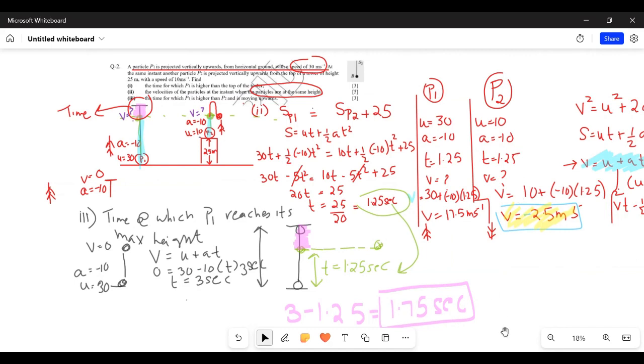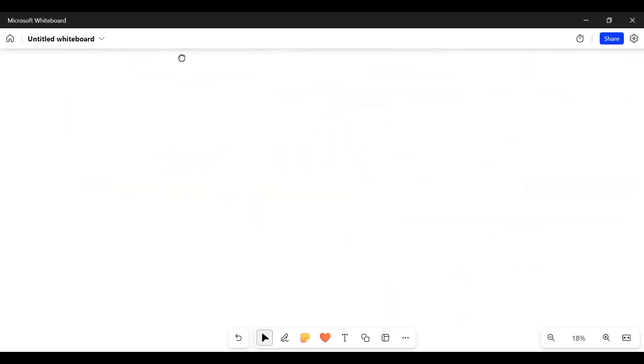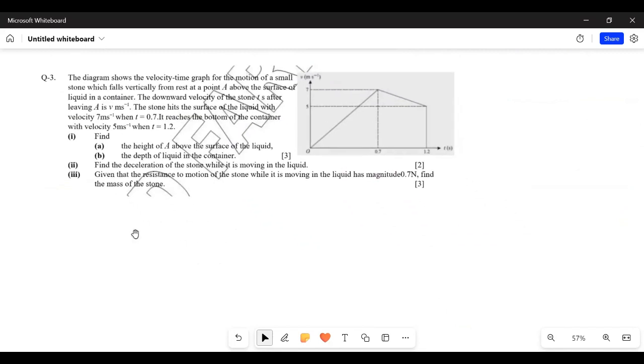Okay. I'm going to copy the next question now. The diagram shows a velocity time graph of motion of a small stone which falls vertically from rest at a point A above the surface of the liquid container.